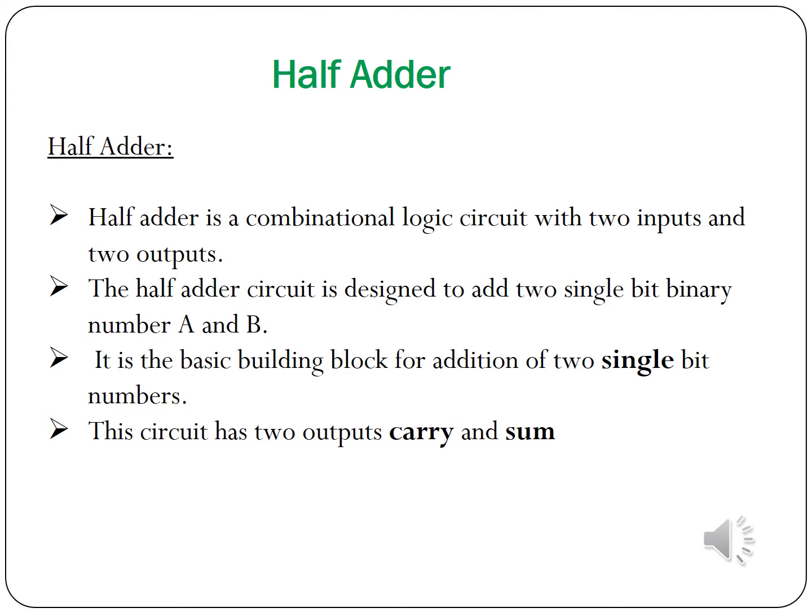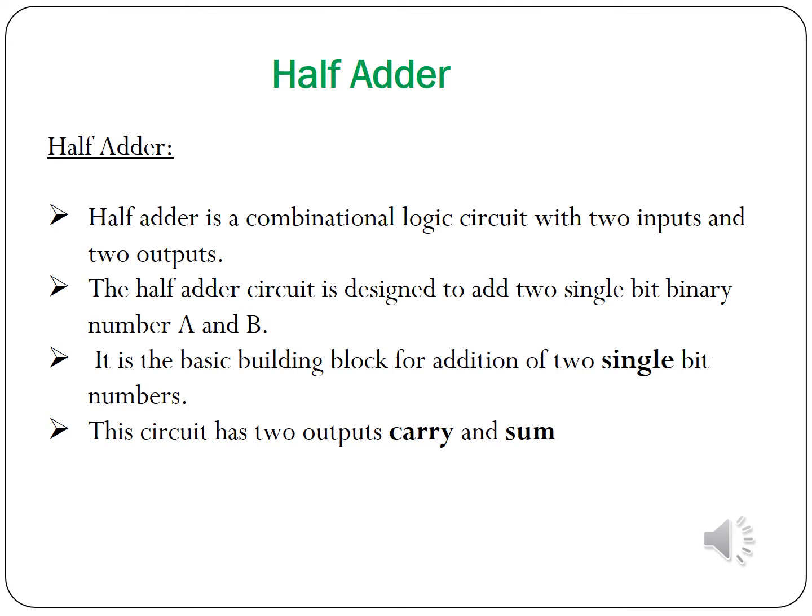Half adder. The half adder is one of the combinational logic circuits, with two inputs and two outputs. The two input variables are called the augend and addend bits, named A and B. The half adder adds two single-bit binary digits A and B, and it has two outputs, sum and carry.